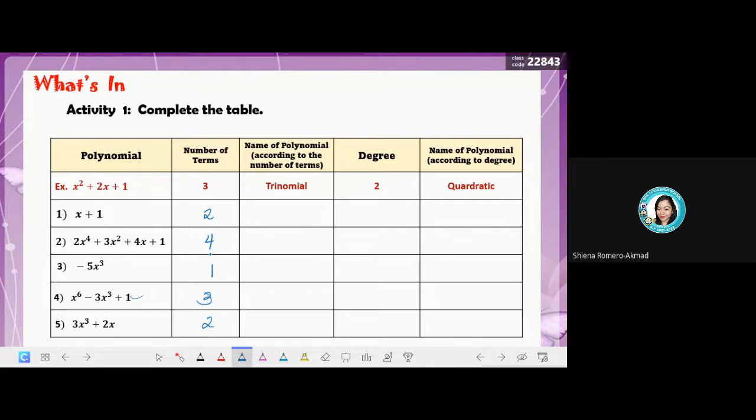Yung degree muna. So, ano po yung degree ng number 1, 2, 3, 4, 5? Degree ha, degree. Go. Degree muna tayo, degree.